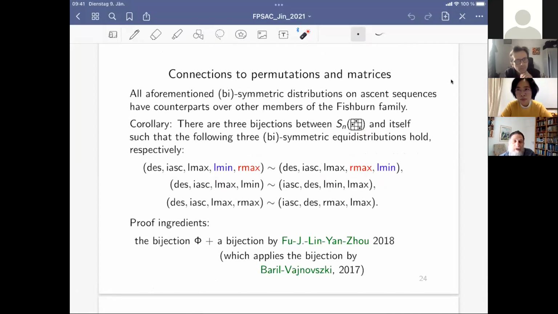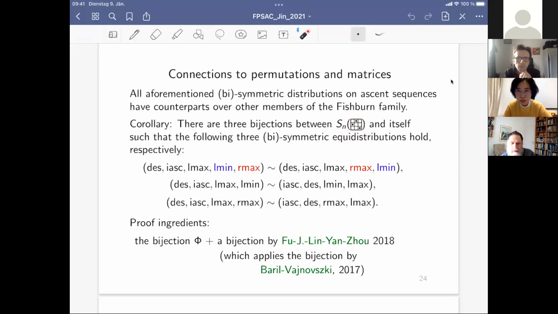Yeah. So this means that these are avoiding mesh patterns. These are patterns of consecutive letters, yes? This is just a certain pattern avoiding permutations. The letters are consecutive in this notation, if I understand correctly.